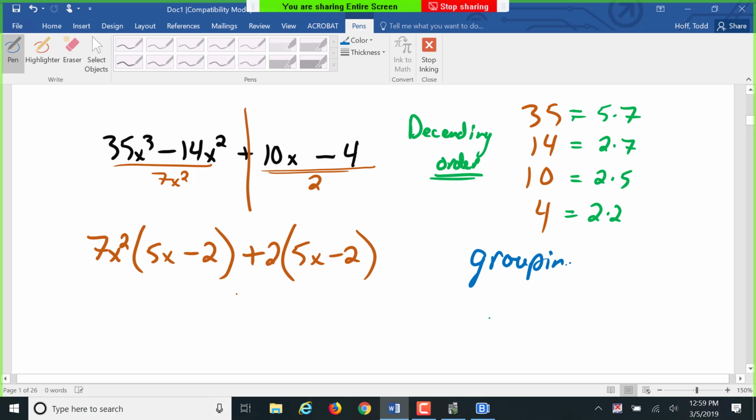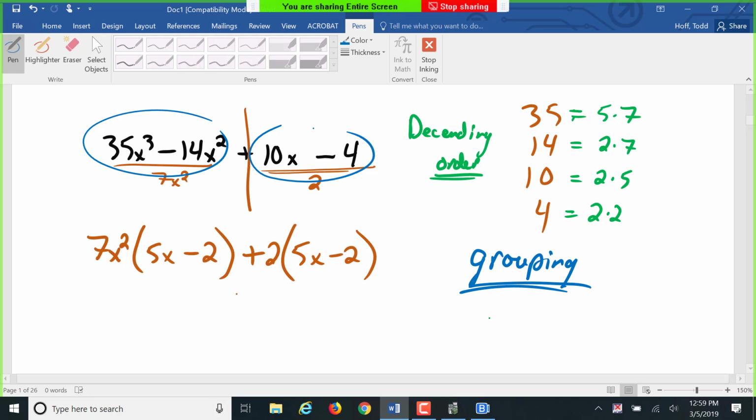I grouped them into pairs of terms, and I found the largest common factor for each pair. And what I'm trying to do is get the same value left over after I factor out those factors. And here I did. I have 5x minus 2 inside the parentheses in both groupings. So that means I can divide out that 5x minus 2 as a common factor.